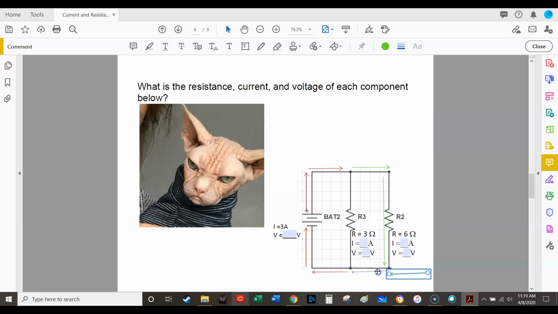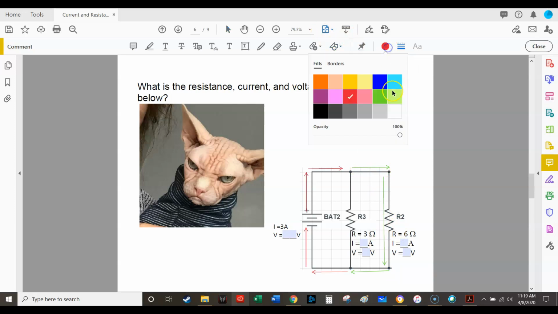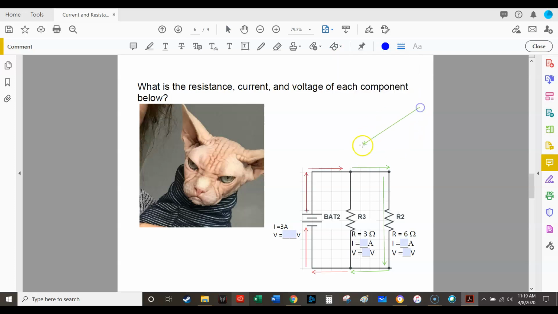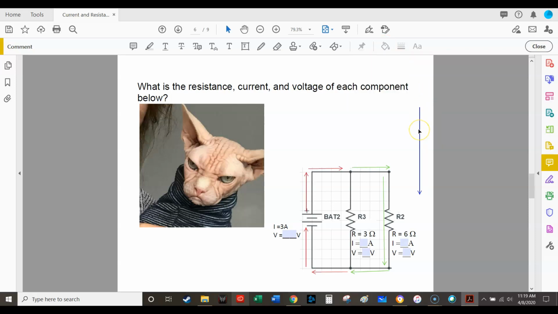I'm going to draw a different colored current because it is a different current going through R3. Now R3 is getting its own current that is separate from the green current and red current.